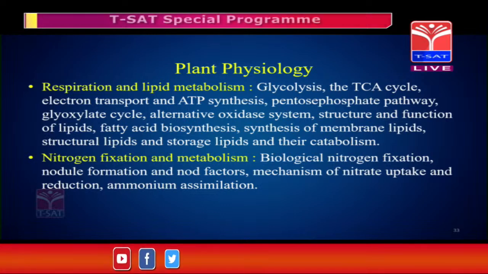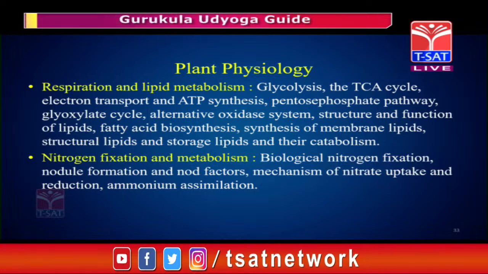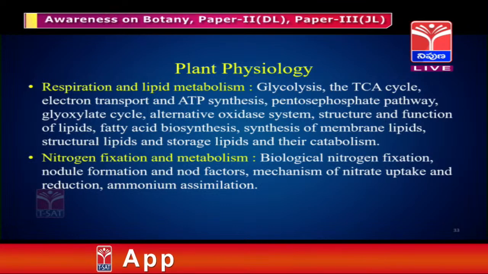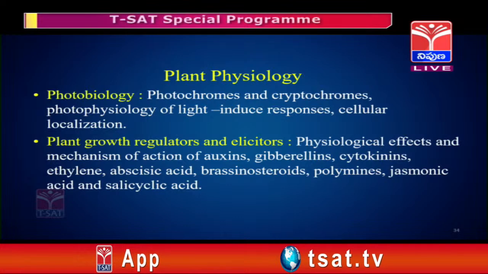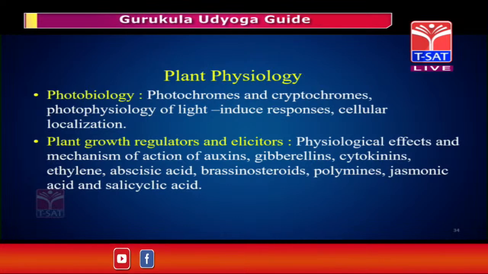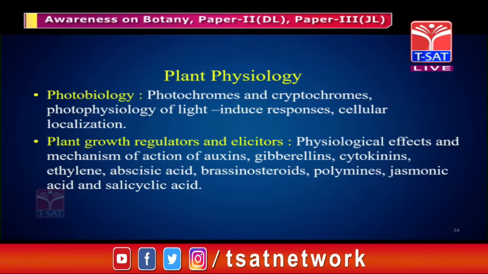So these things have to be taken care of. Then nitrogen fixation and metabolism, biological and chemical. Then photobiology, phytochromes and cryptochromes, photophysiology of light, how the light is inducing the responses and cellular localization.